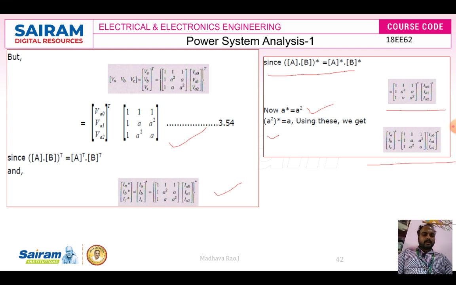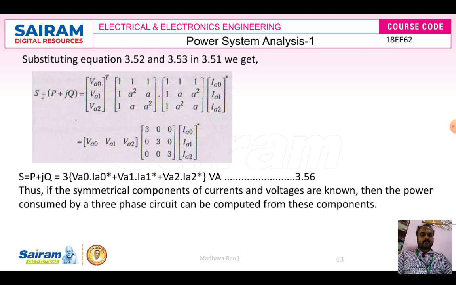Finally, S is equal to P plus jQ. Here the transpose of VA0, VA1, VA2 is equal to the matrix 1 1 1, 1 a square a, 1 a a square, into the same matrix conjugate, 1 1 1, 1 a a square, 1 a square a, into the currents IA0, IA1, IA2 conjugate.